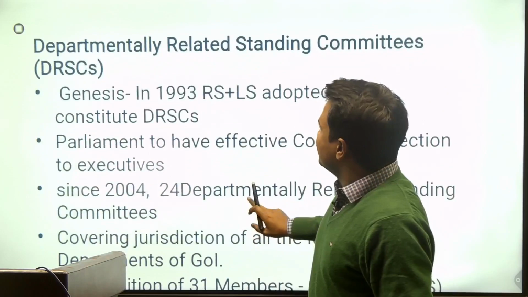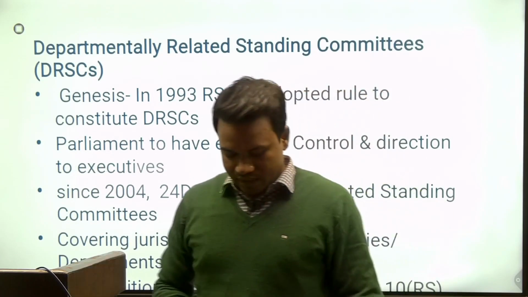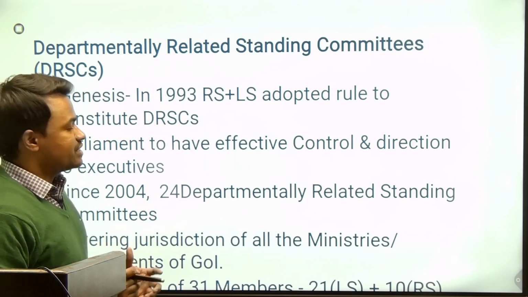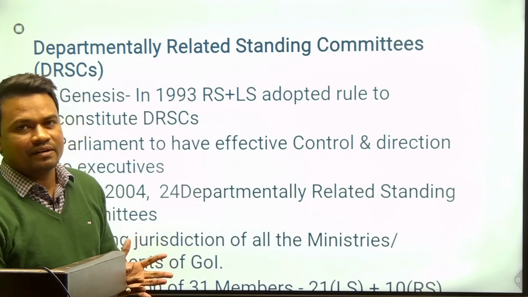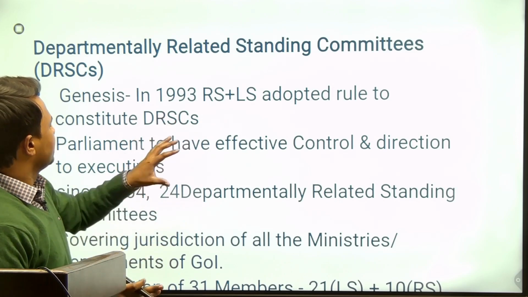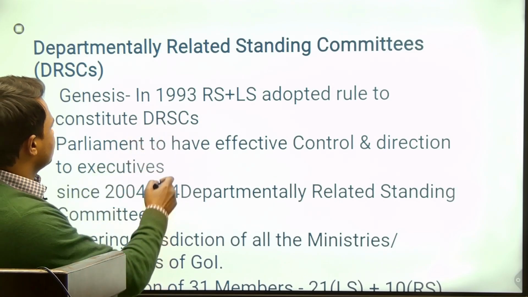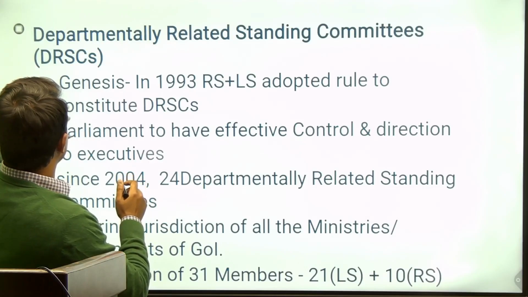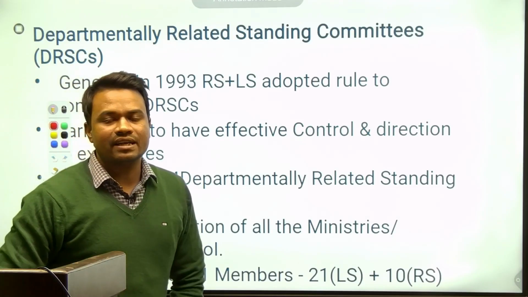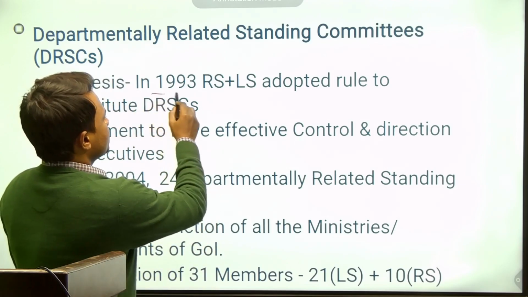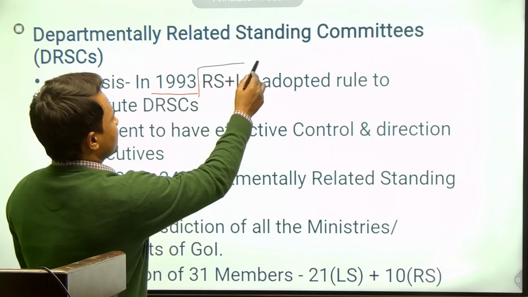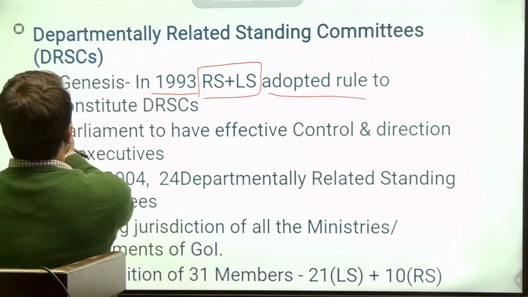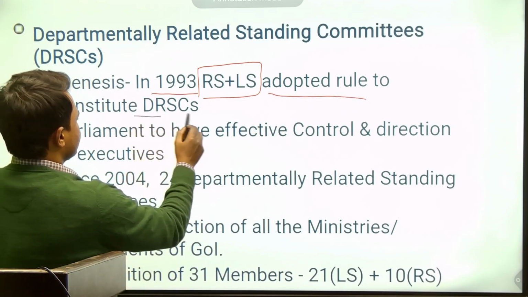Now, departmentally related standing committees. If we try to find out the genesis of these committees, we find that since 1993 these departmentally related standing committees came into existence. Through a joint decision, the Rajya Sabha and Lok Sabha adopted the rule to constitute DRCs.